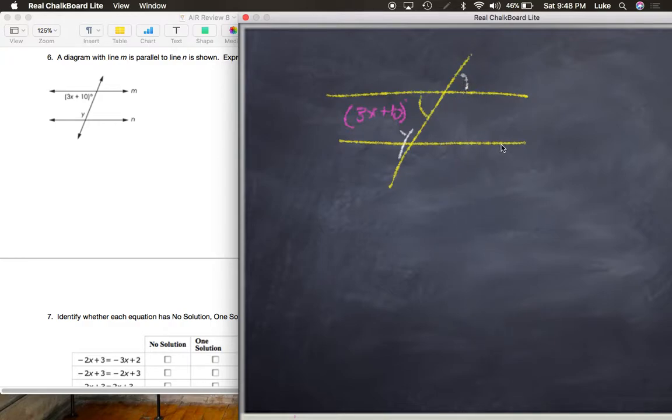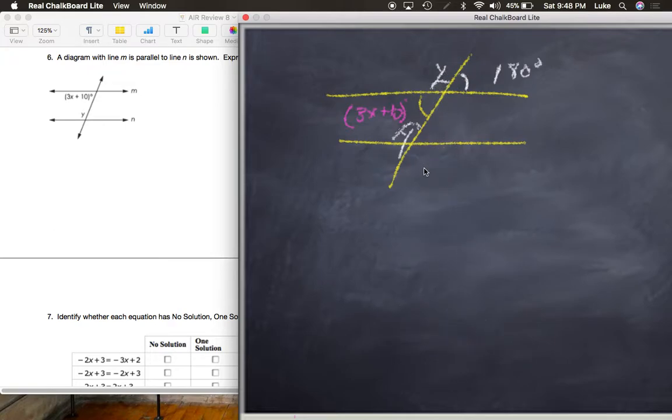We also know that when we have a straight line being intersected by another straight line, this angle plus this angle will equal 180 degrees. Now, there's a final theorem here that we need to know. This angle y is going to be equal to this angle here.